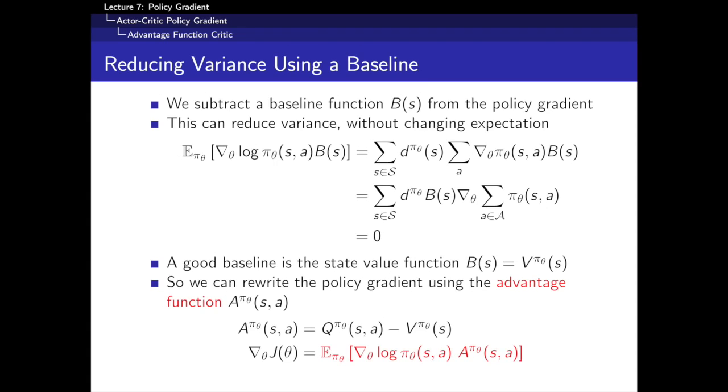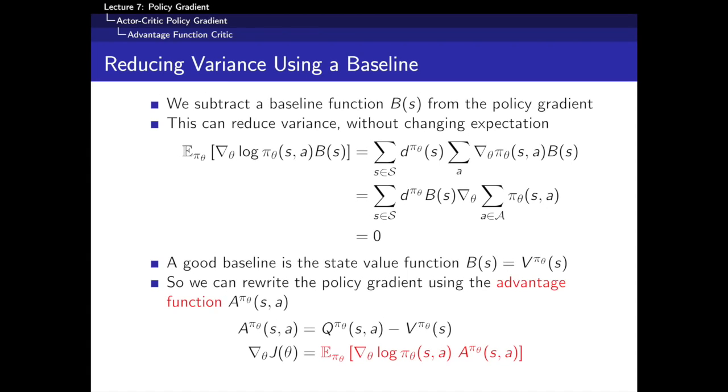Very briefly, if we just expand this out, our expectation is again the expectation over states, multiplied by the gradient of our policy, multiplied by the baseline. We can pull the baseline outside of this sum because it doesn't depend on the action. We can pull the gradient outside of this sum, and then we know that our policy sums up to 1.